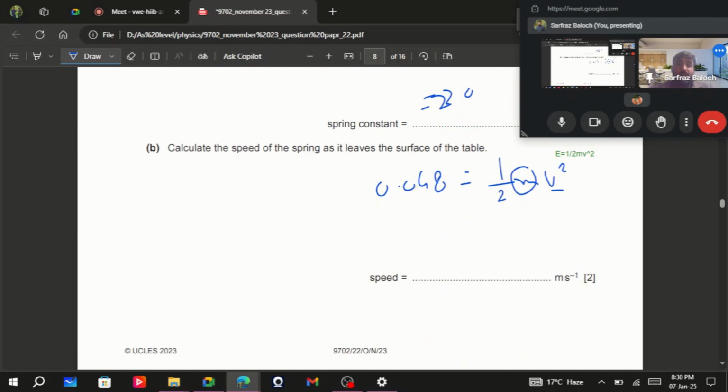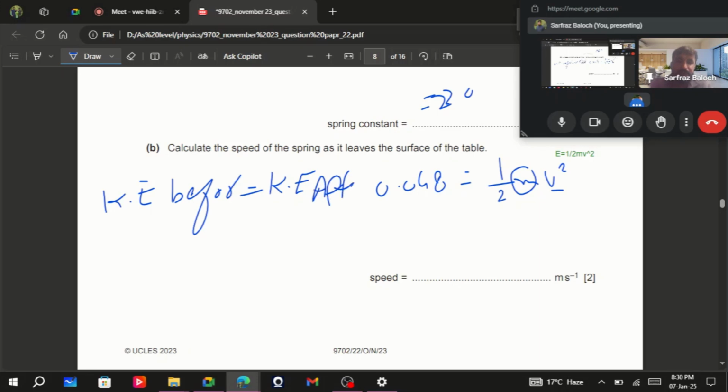What is the law of conservation of kinetic energy? Kinetic energy before must be equal to kinetic energy after.